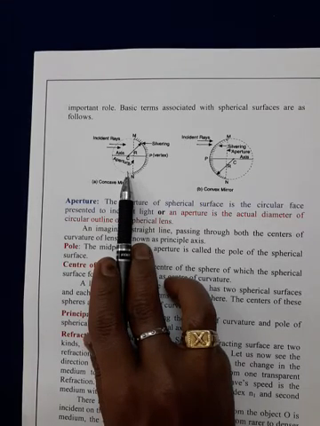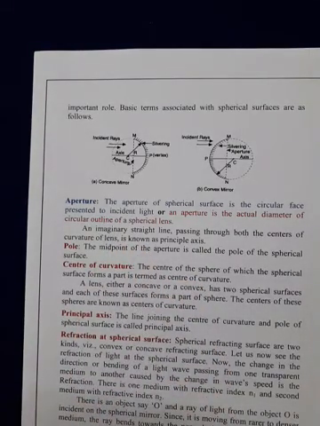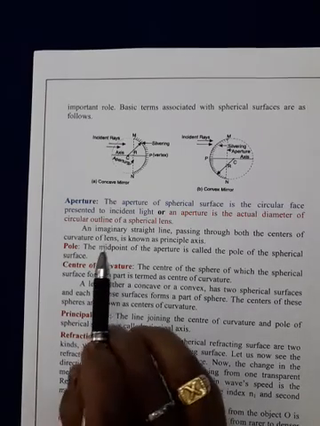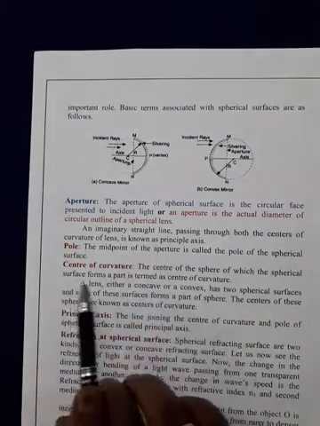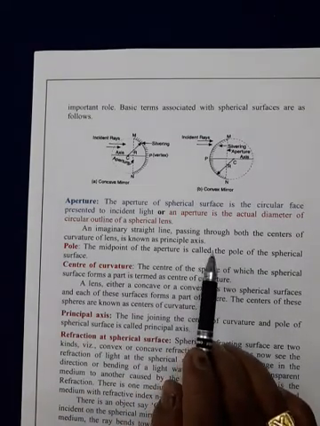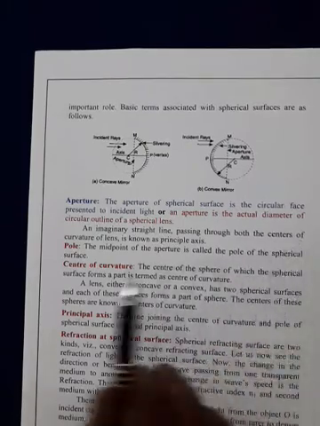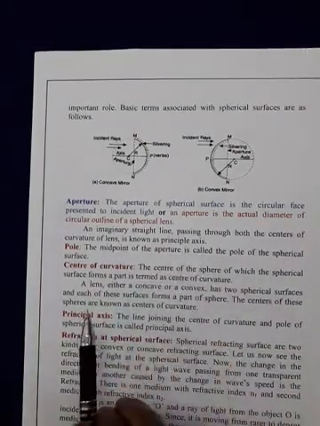Or an aperture is the actual diameter of the circular outline of a spherical lens. An imaginary straight line passing through both the centers of curvature of the lens is known as the principal axis.